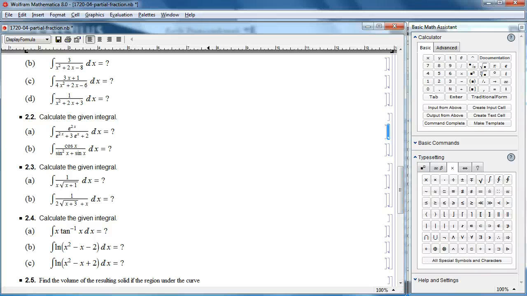How about this kind of problem or that kind of problem? They look like far more complicated problems with x plus square root of x plus 1 and square root of x plus 3, but they will turn out to be partial fraction problems too. The typical technique is to substitute y as the square root.